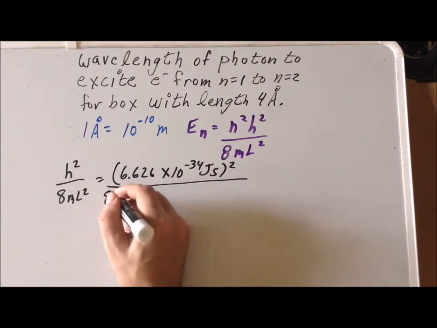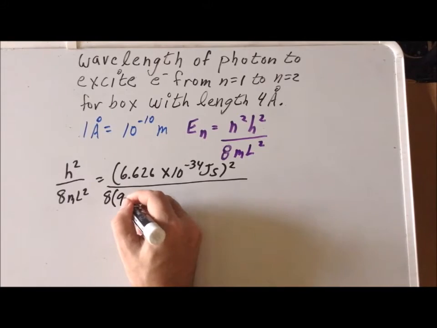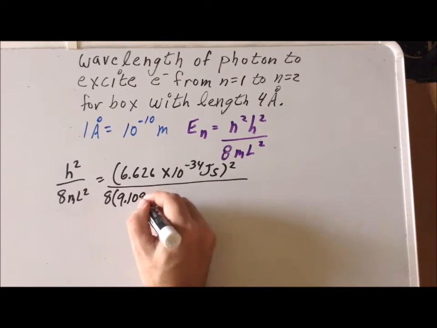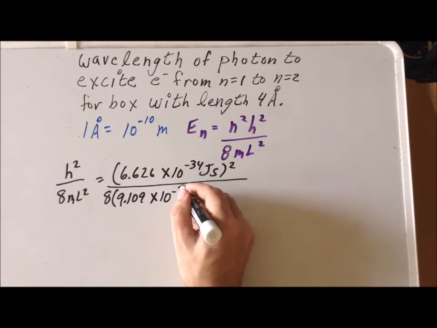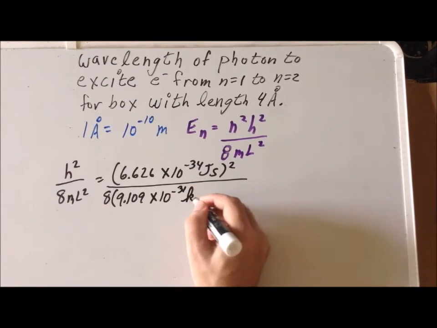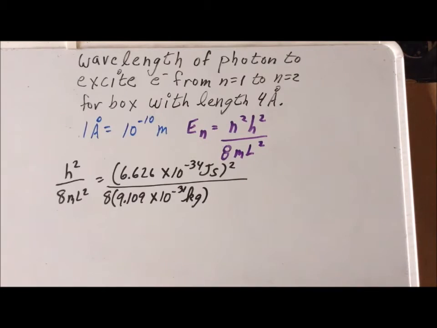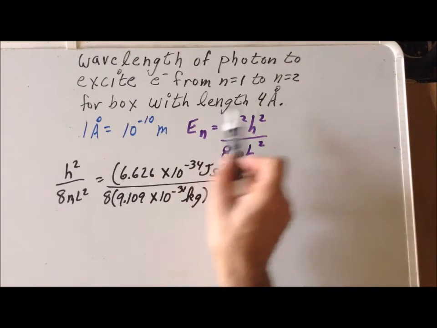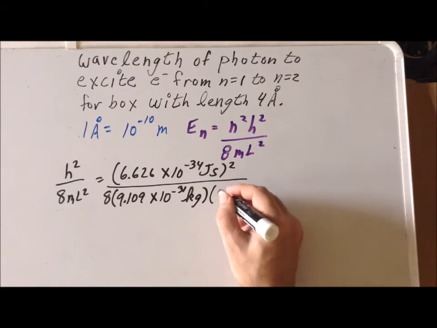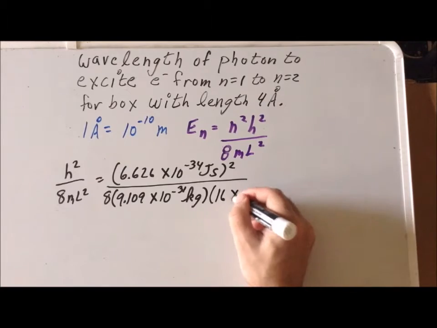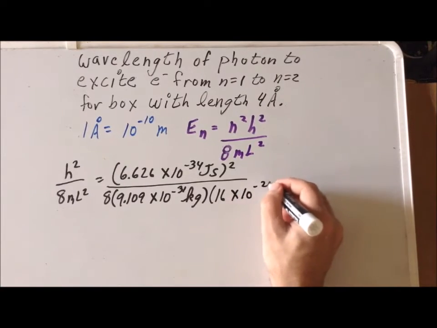And the mass of the electron is 9.109 times 10 to the minus 31 kilograms. And since our length here is 4 angstroms, so that's 4 times 10 to the minus 10 meters, if we square that, we get 16 times 10 to the minus 20 meters squared.